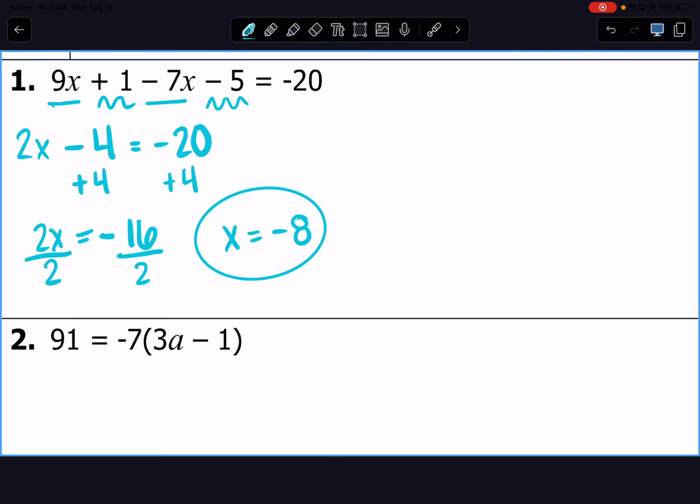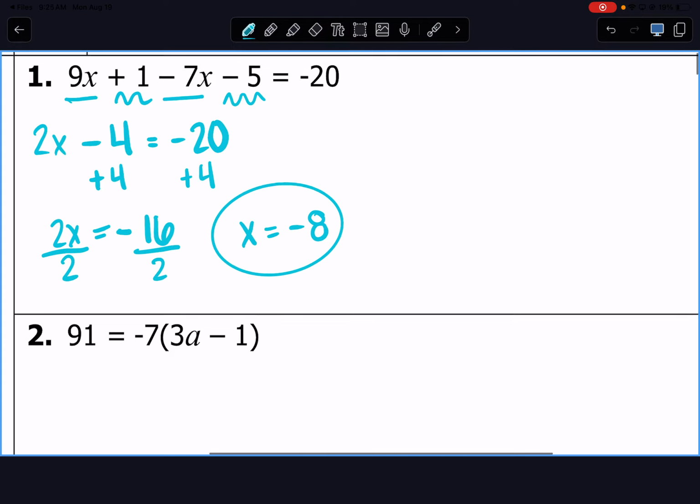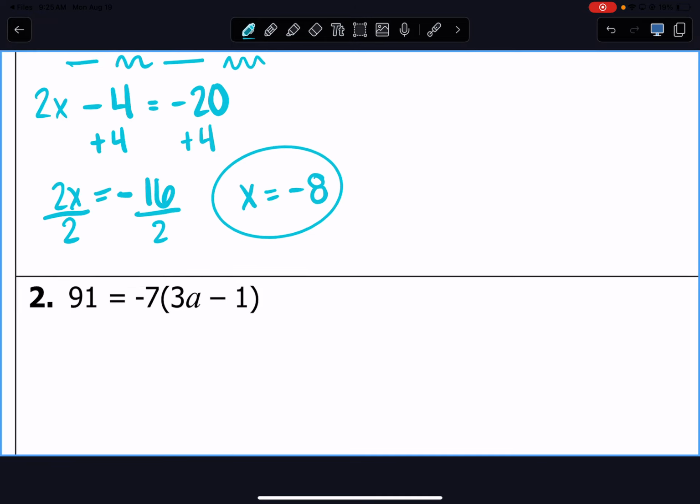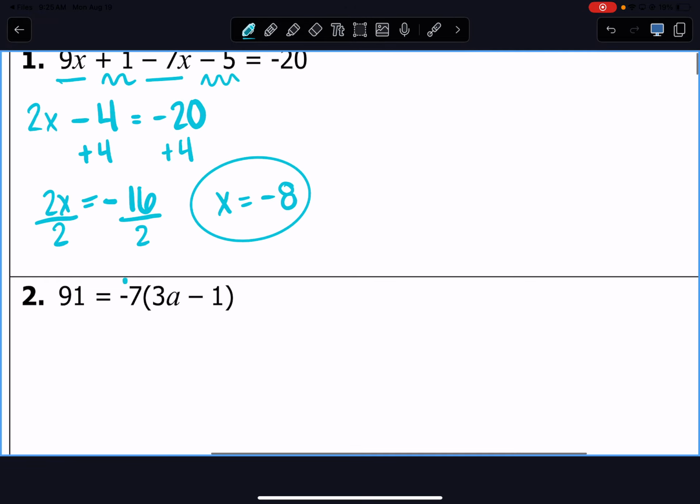On number 2, what do I do first? Distribute. What do I need to distribute? -7. So we do -7 times 3a and get -21a. Then what do I distribute? And what is -7 times -1? Then what goes on the left-hand side?